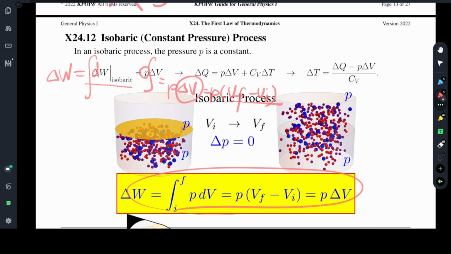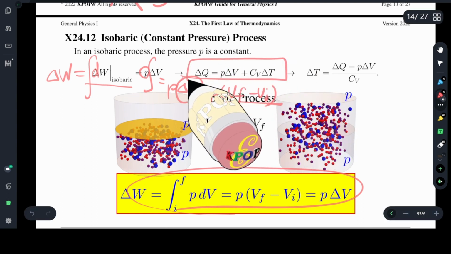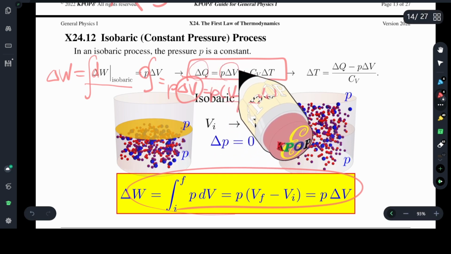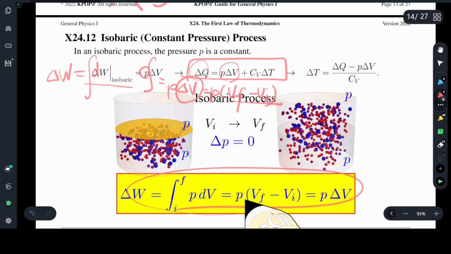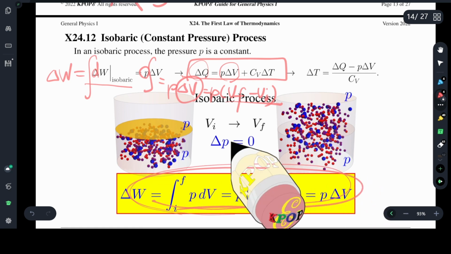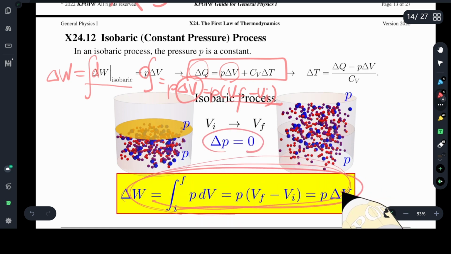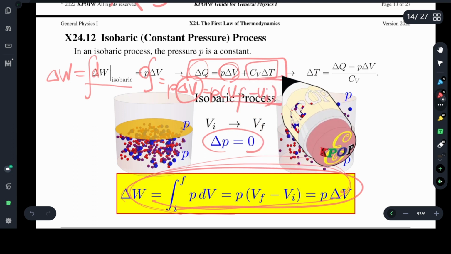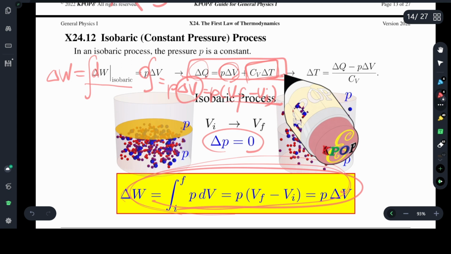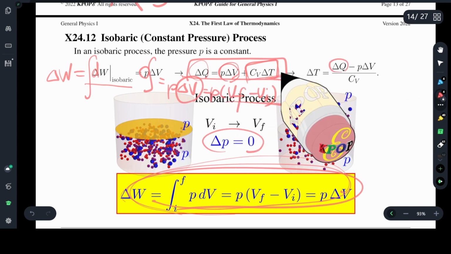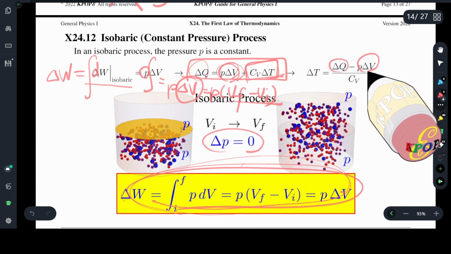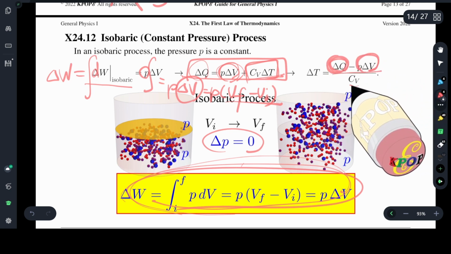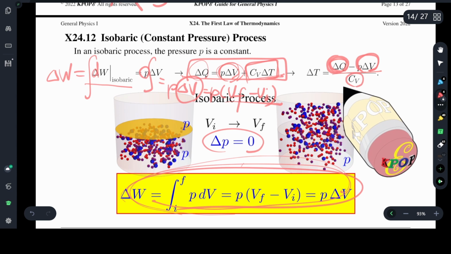According to the first law of thermodynamics, the supplied heat is used for work, and the remaining piece changes the temperature. So if I want the change in temperature, I have to subtract the work done by the gas from the supplied heat and divide by the heat capacity.